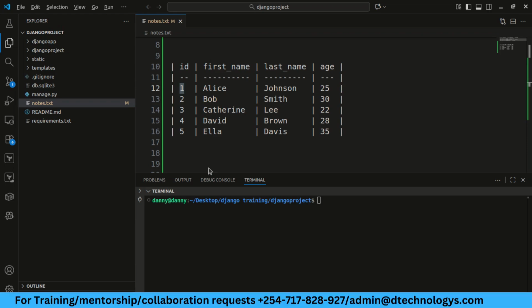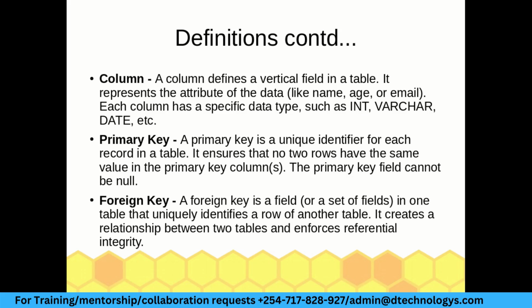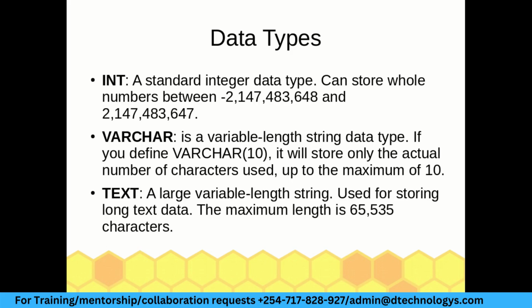The next thing that we can appreciate when talking about databases is data types. This is something else that we are going to see when talking about models. The very first data type is an integer, which stores whole numbers between the given range.